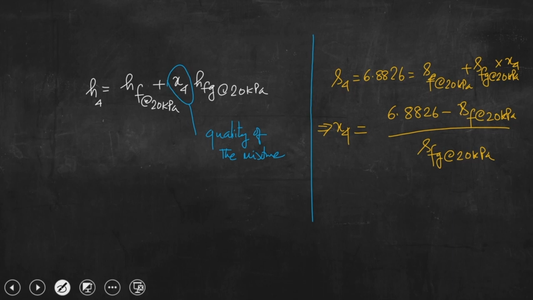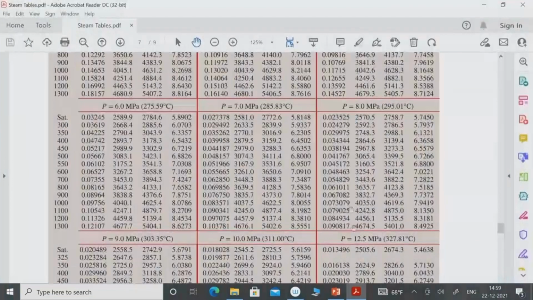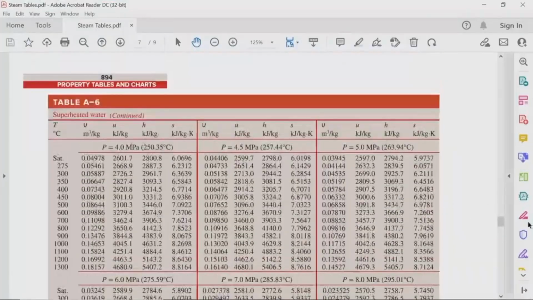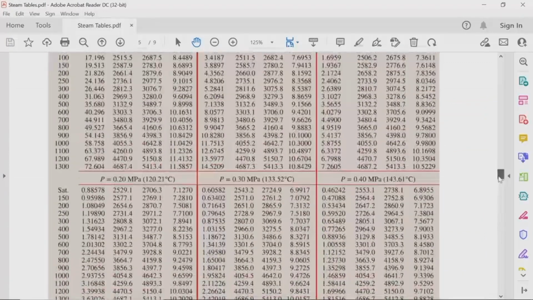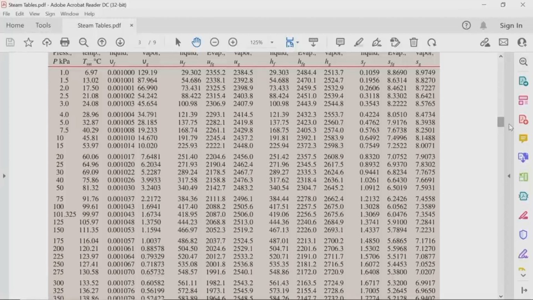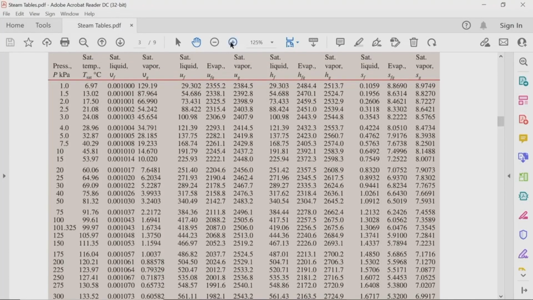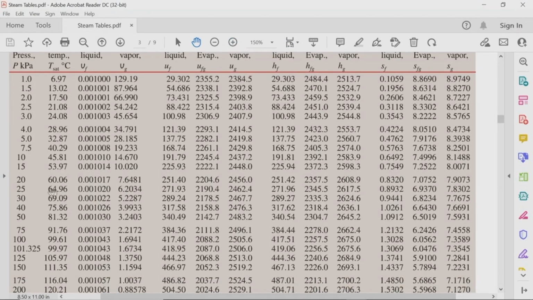We can. So, let us go back to the steam table and we can see. For 20 kilopascal we have to go to the saturated water pressure table. Now, you can see this is 20 kilopascal, and it is clearly written what would be Hf, Hfg, Sf and Sfg.